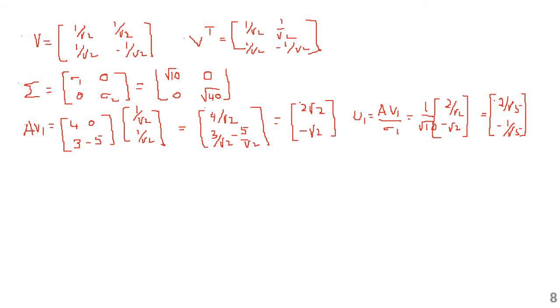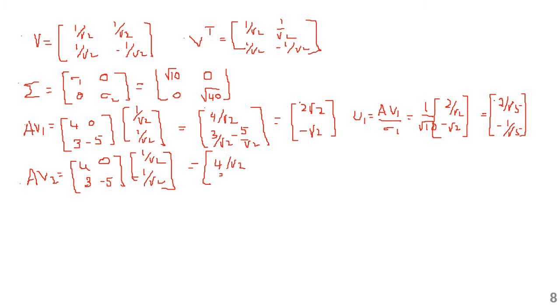Similarly, let us find AV2. AV2 is equal to 4, 0, 3, minus 5 multiplied by 1 by root 2, minus 1 by root 2. That gives you 4 by root 2, and 3 by root 2 plus 5 by root 2.